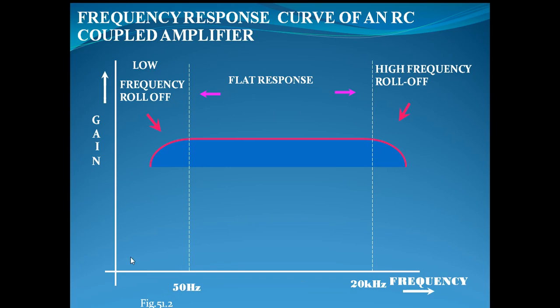Below 50 Hz we can call it the low frequency region. Above 20 kHz is called the high frequency region. In between these two, the medium frequency region.